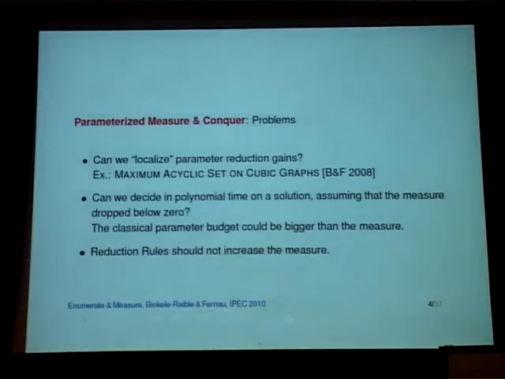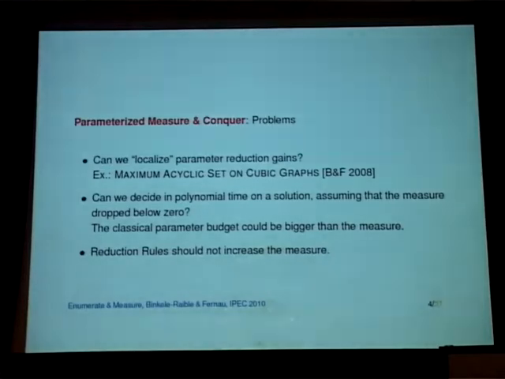But there are more subtle issues around if you try to talk about measure and conquer in connection with parameterized algorithms. For example, you have to make sure that you know a polynomial-time answer once your measure drops below 0. The measure describes the complexity of your graph, and suddenly it drops below 0, and then you must say immediately yes or no. And if you are not sure that the traditional budget, k, has dropped to 0 at that time, then what can you do?